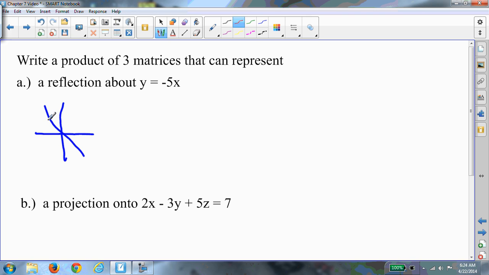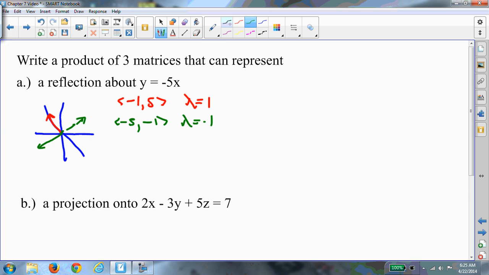One, if the eigenvector is exactly on the line, so something like negative 1, 5, then it would reflect exactly onto itself, so its lambda would be 1. If I were to take something perpendicular, so something like negative 5, negative 1, it would reflect to its opposite, and so its eigenvalue would be negative 1.